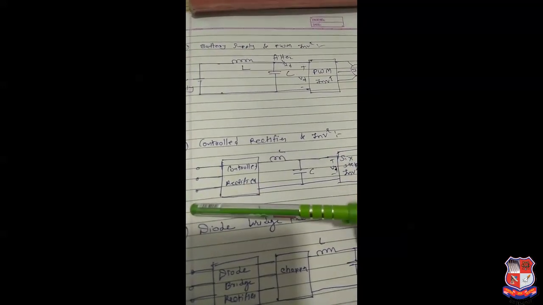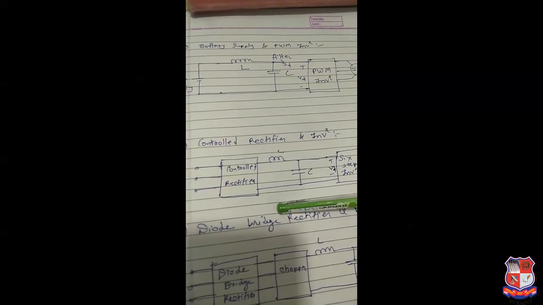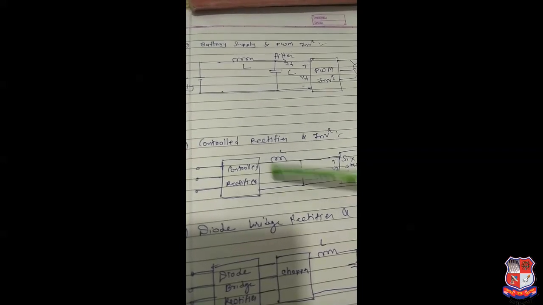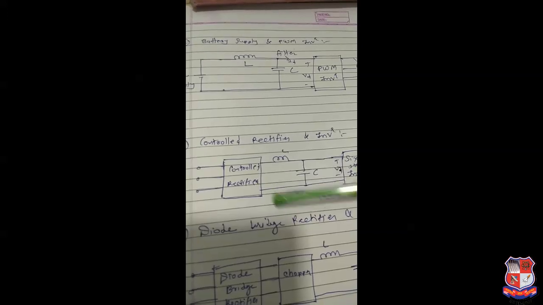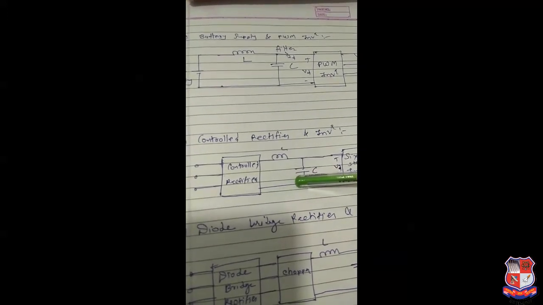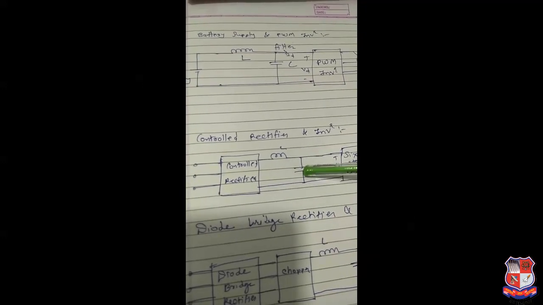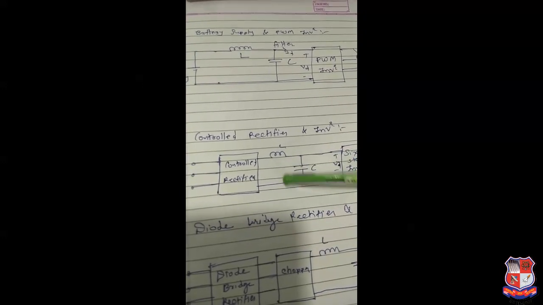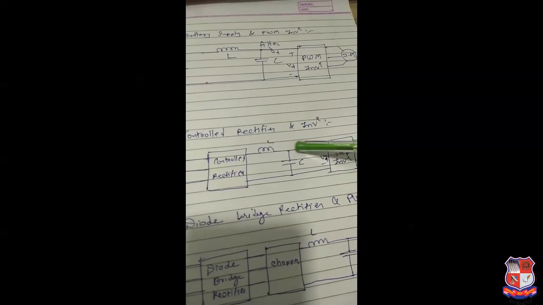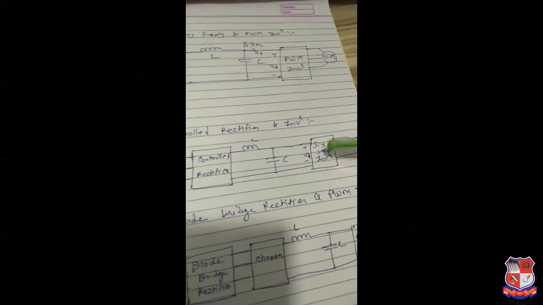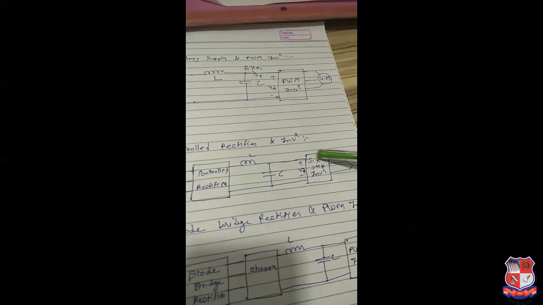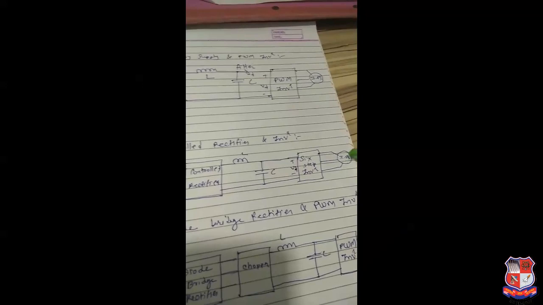First we convert this AC supply into DC. This controlled rectifier can be controlled by using gate pulses. The rectifier circuit gives an output of constant or desired voltage. Then we use a capacitor and give it to the 6-step inverter, which controls the speed of the induction motor and maintains the V by F ratio.